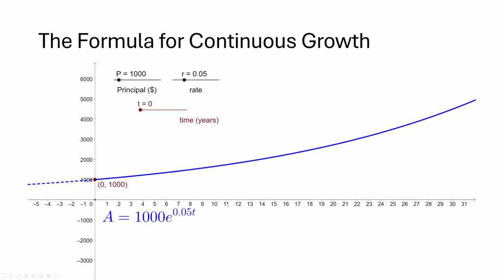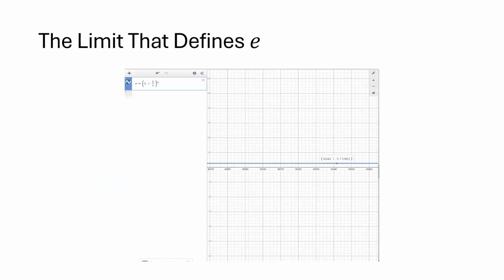But this just shows how we can use e to model how an initial amount invested, the principal amount, is impacted as time goes on with an interest rate. So that's really cool, and this is used in finance a lot as well. So very much used in the real world. We're going to talk more about that soon.